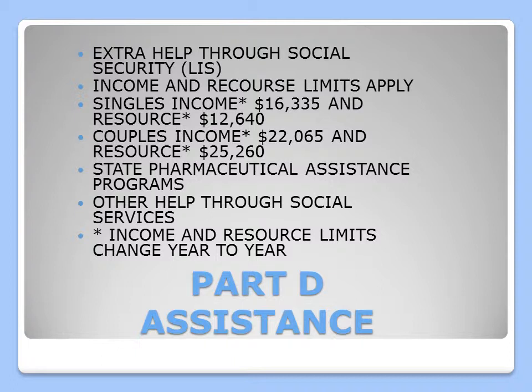And obviously those resource limits and income limits change from year to year, so keep abreast of changes through Medicare.gov, or they're usually published in the Medicare and You guidebook each and every year. So there is Part D assistance if your income is on the low side. Call Social Security directly on the phone. Go to Medicare.gov. There's lots of ways to apply. Talk to your local social services office. Give us a call. We'll point you in the right direction.